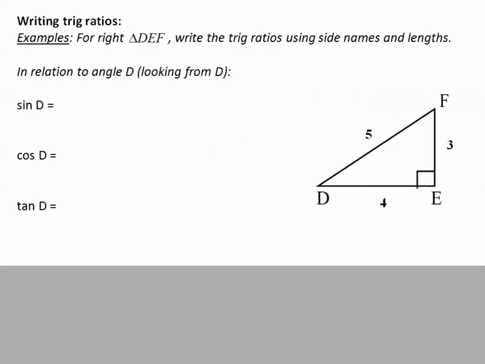So writing trig ratios. First of all, I see that I'm going to be using sine, cosine, and tangent. So near this problem, I'm going to write SOHCAHTOA. Let's see what the directions say. For right triangle DEF, write the trig ratios using side names and lengths, in relation to angle D, looking from D. So first of all, if we're looking from angle D, we want to label the sides that are opposite, adjacent, and hypotenuse.